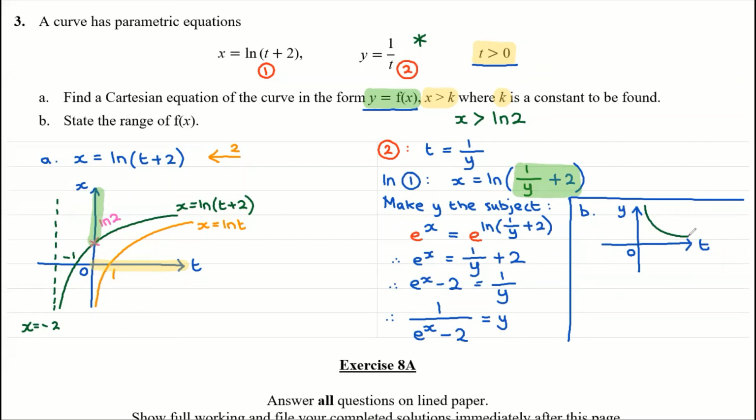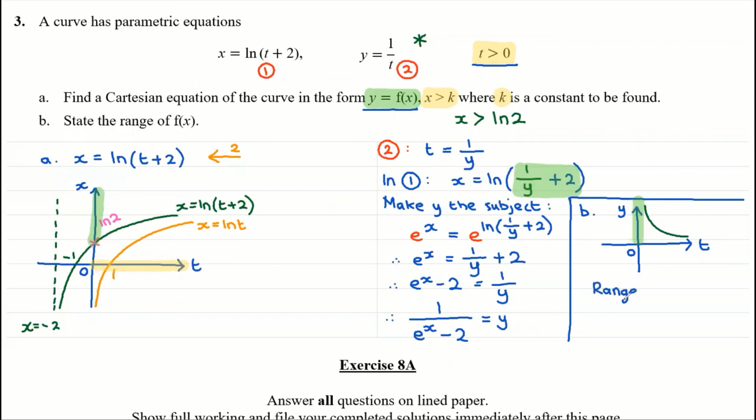So if that's the case, the range, I apologize, is simply going to be anything greater than 0. So let's write that down. If t is greater than 0, then automatically y is greater than 0.